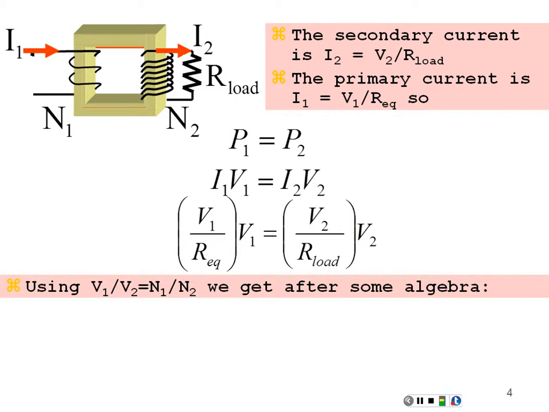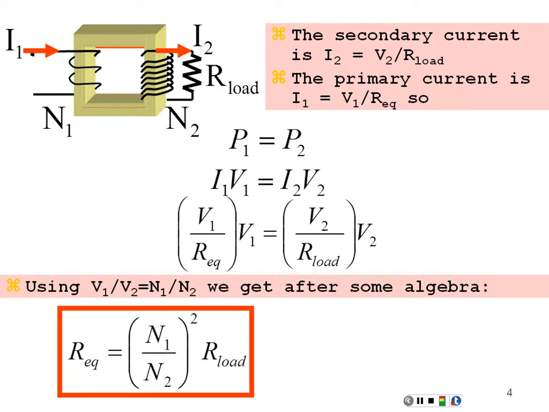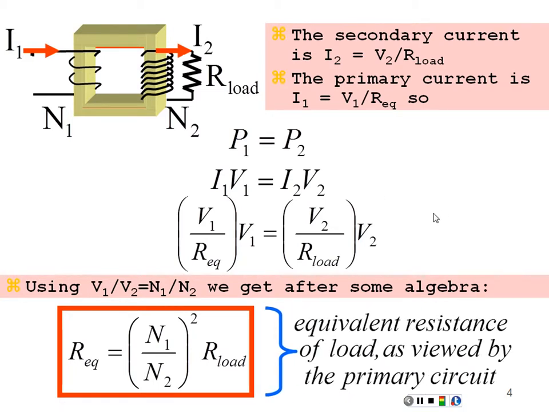After a little bit of algebra, we get that R equivalent for this circuit is equal to the ratio of the turns, N1 over N2, squared, times the actual resistance of the load. This is the equivalent resistance of the load as viewed by the original primary circuit.